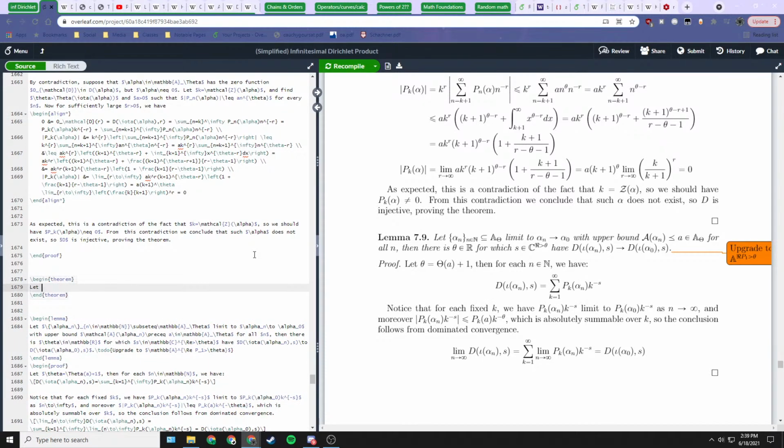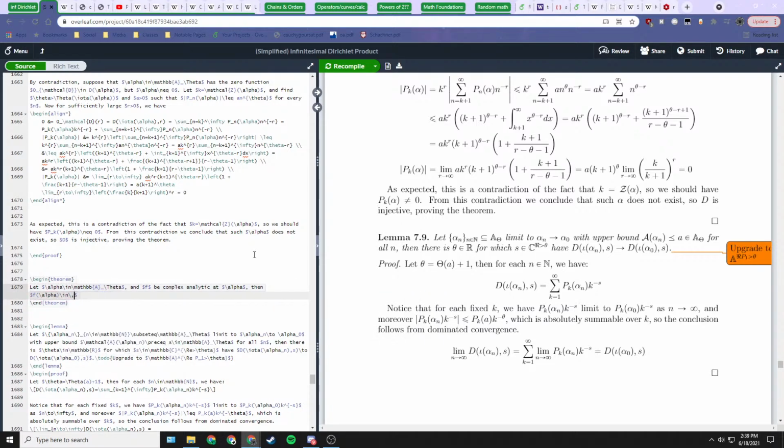Okay, so our theorem is, let alpha be in A sub theta and f be complex analytic at alpha, then f of alpha is also in A theta.